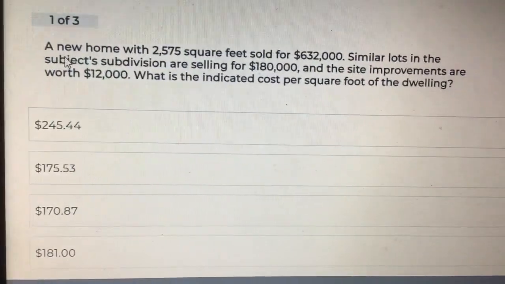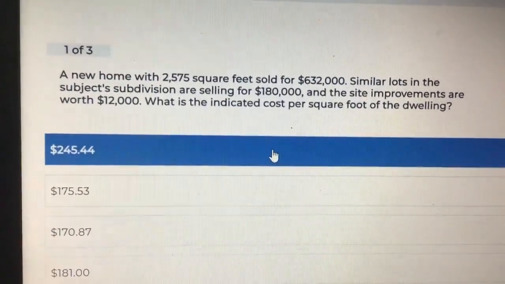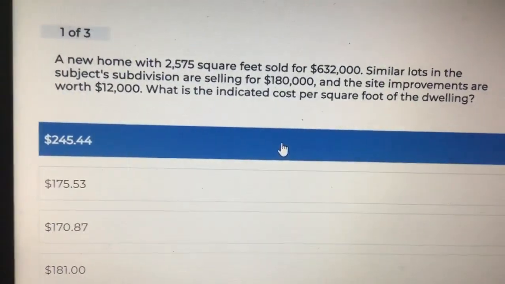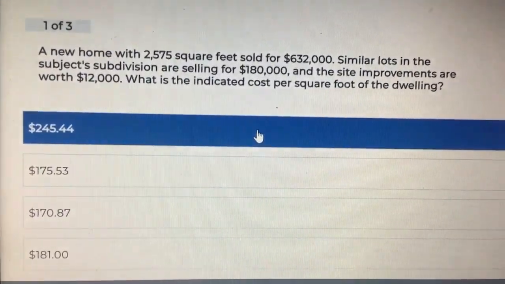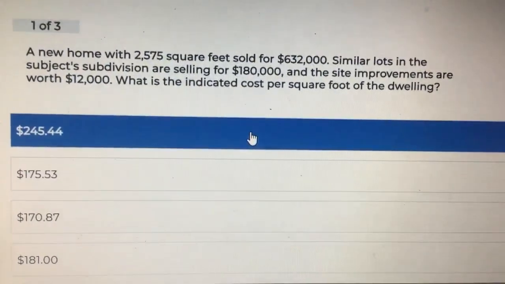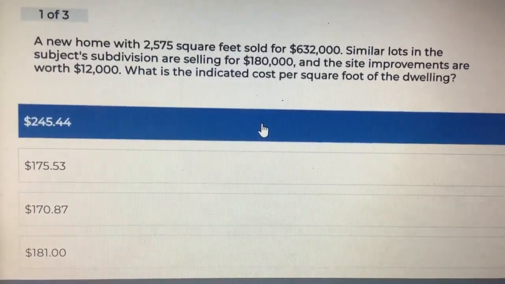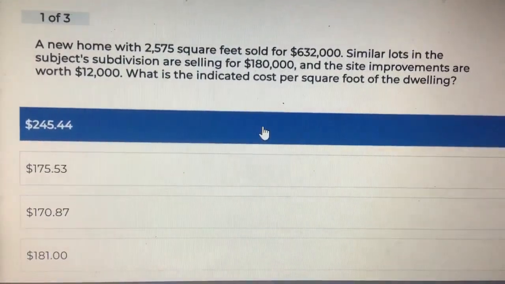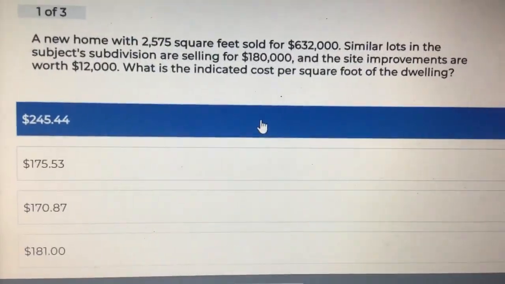I'm going to go A. And the reason being is I think that this is a deceptive question, because the question is what is the indicated cost per square foot of the dwelling, right? In the first part, it says a new home with 2,575 square feet sold for $632,000.